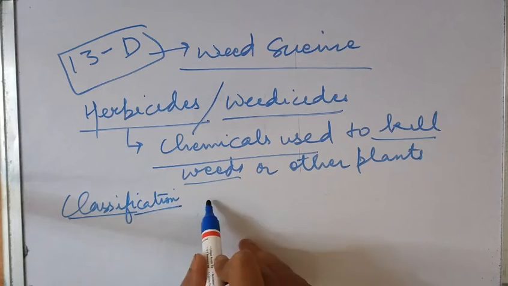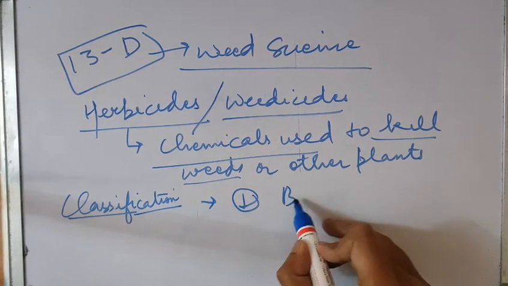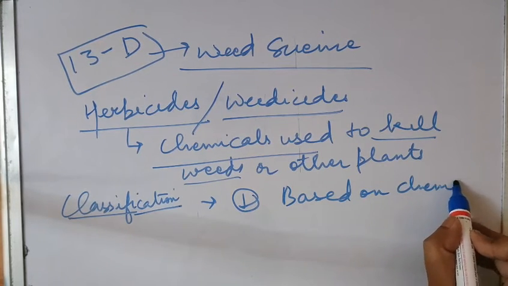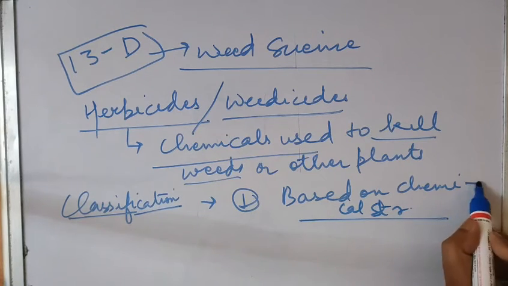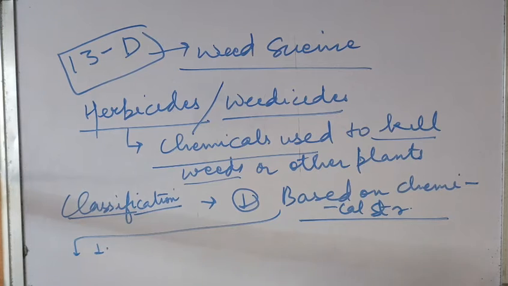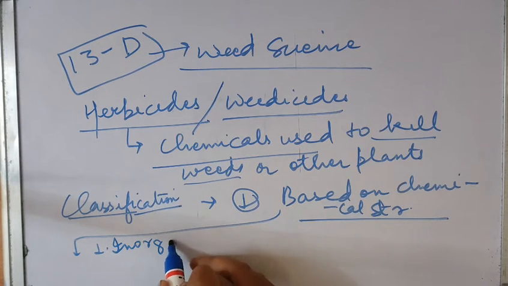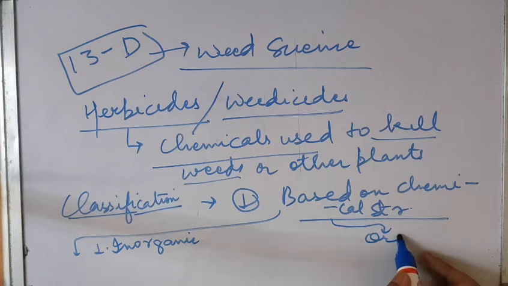Classification of herbicides. First of all, based on chemical structure. Based on chemical structure, we have got two types. First of all, we have inorganic, and second is organic.